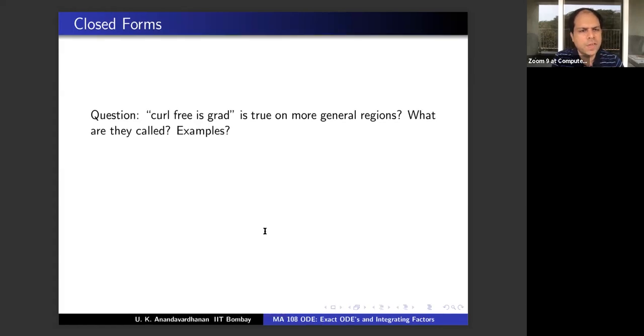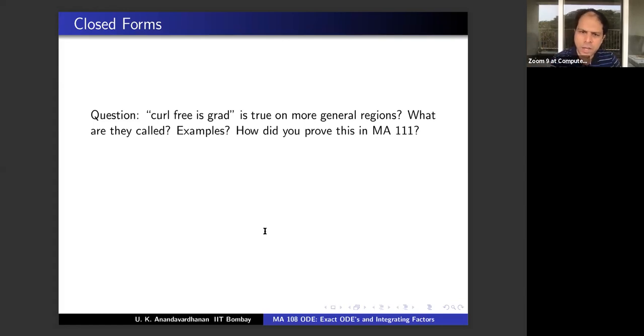And some examples, maybe you can tell me, but we are running a bit late, so let us skip that. You have seen these things in calculus. How did you prove this in MA 111? If you want me to recall the proof verbally, I can do that at the end of the class, because I think we have done all the theory that we wanted to do today, but we should do some examples.